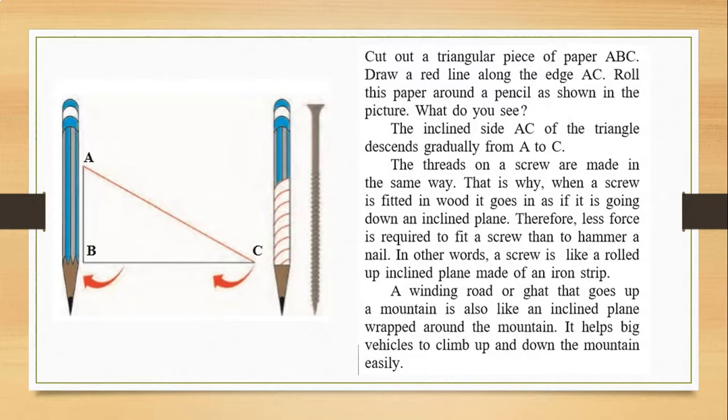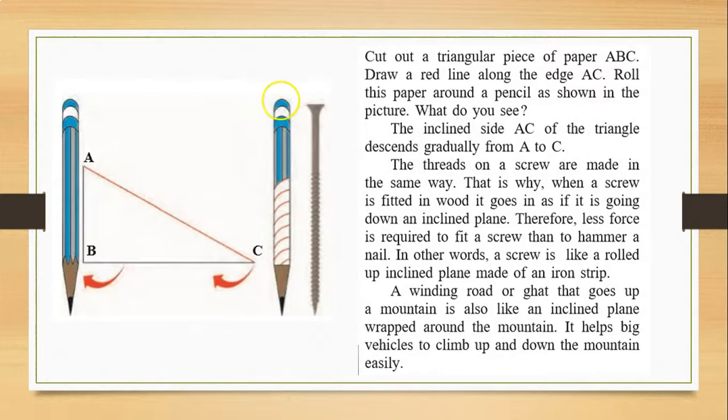So, have you seen roads on ghats? When you go for vacation, for holidays, have you seen? They are not straight up the mountain because it becomes difficult. The vehicle takes a lot of effort, and more fuel is wasted. That is why the roads on the mountains are winding roads.